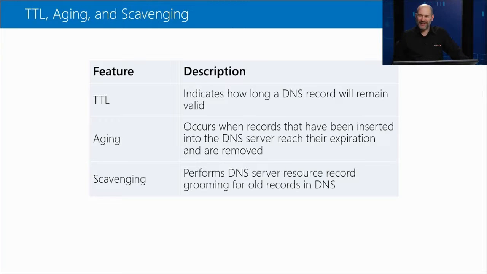This is the first time we actually put up a nice little chart explaining what time to live, aging, and scavenging are, as opposed to a couple of arrows showing a timeline, where on the first of the month you start a process, and with that process you have a certain time to live, which indicates how long a DNS record remains valid.